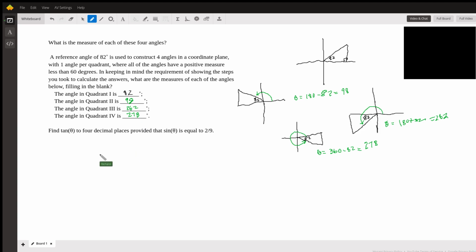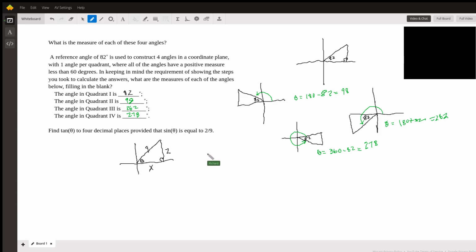which has to do with the sine of theta being 2/9. Well, the easiest quadrant to work with here would be the first quadrant, and here's our angle theta. And the sine of theta is 2/9, so it's opposite over hypotenuse. And we want to find the tangent, so for the tangent we need to know this x value.